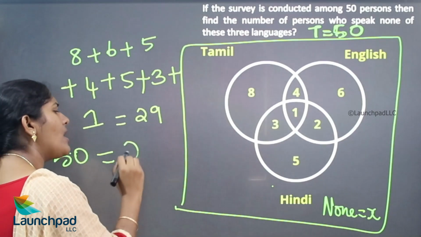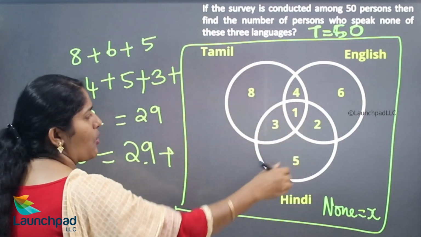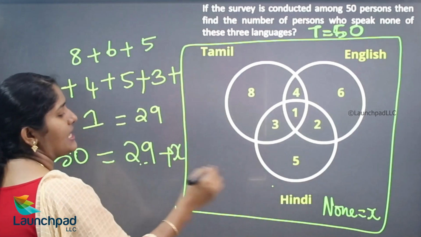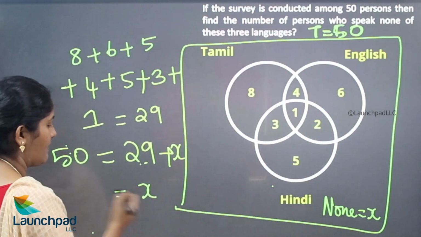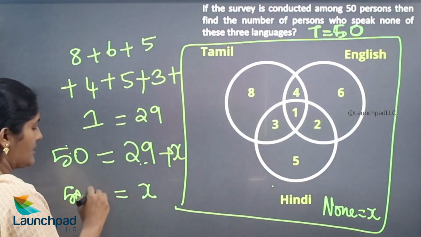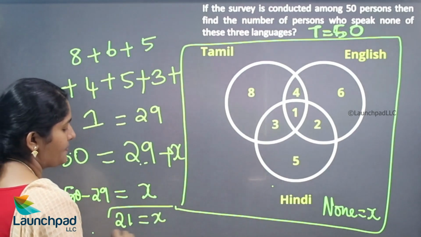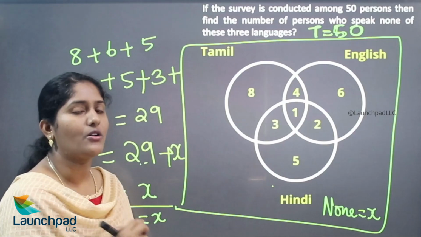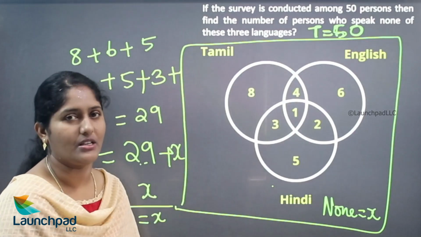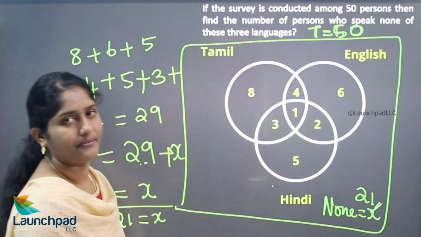So the value for the three languages is 29, and the value inside the box is 29 plus x. Our unknown value is x. So x is equal to 50 minus 29, which is 21. So your answer is 21 persons. They do not know these three languages. So none of these is 21.